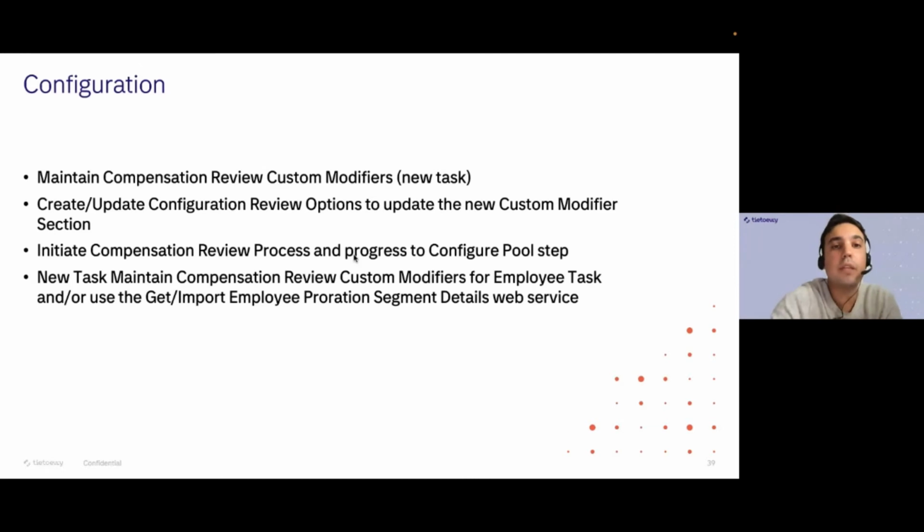Once you reach the configure pull step, that's where you can create or apply your custom modifiers. And there's also a new task and a new web service, Maintain Compensation Review Custom Modifier for Employee.